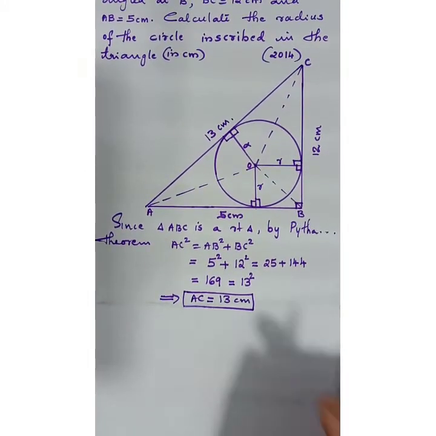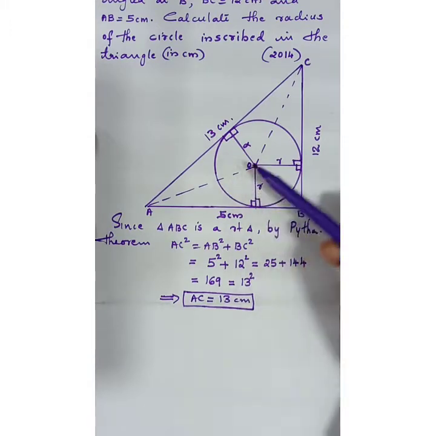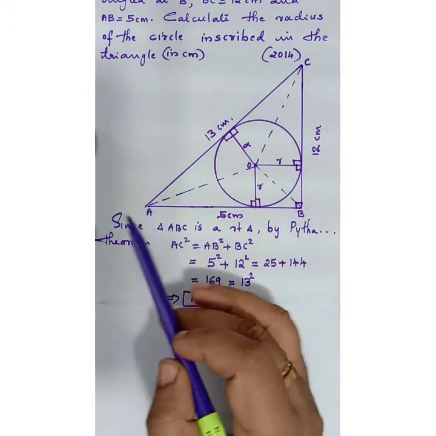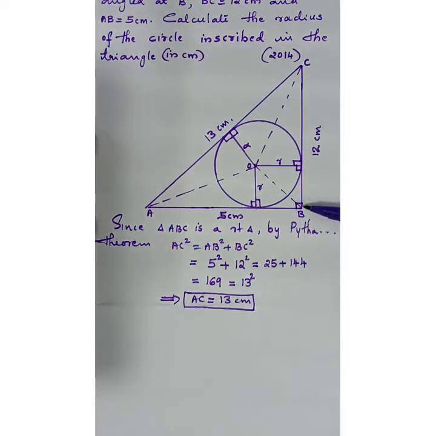So how do we find our radius? We are joining OA, OB and OC. From the figure, don't you see triangle AOB, triangle BOC and triangle AOC? The sum of these three triangles will be equal to the area of triangle ABC.